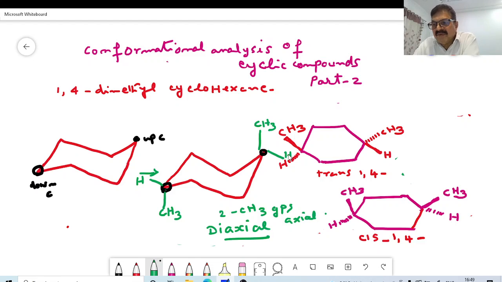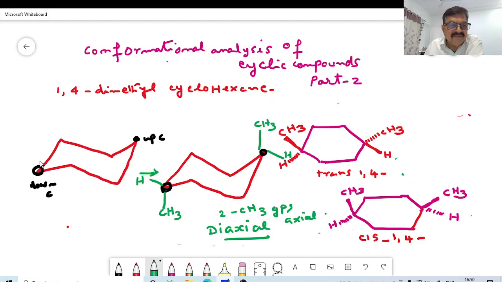Now the next one will be ring flipping. Once the ring flips, the up carbon will flip down and the down carbon will flip up. So how will you draw this ring flipping here?